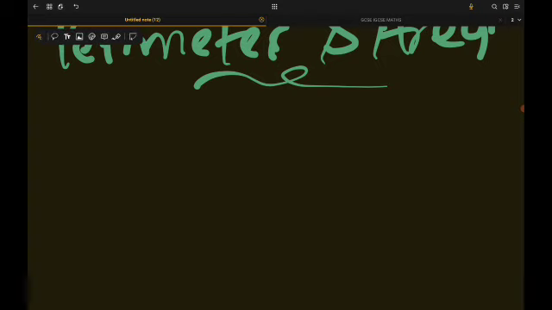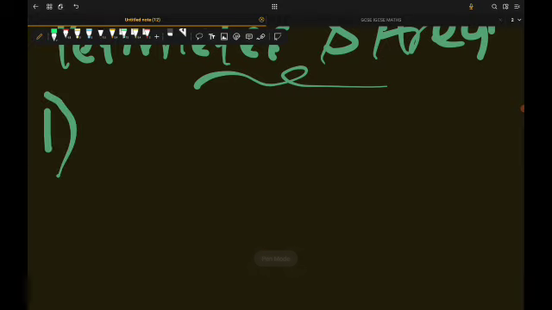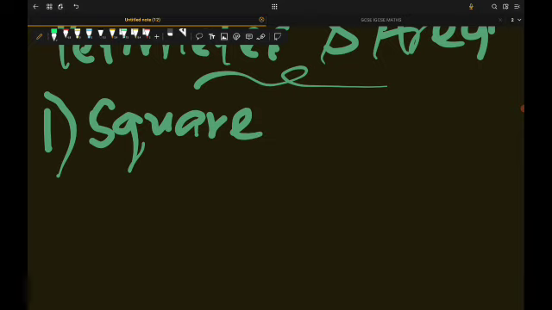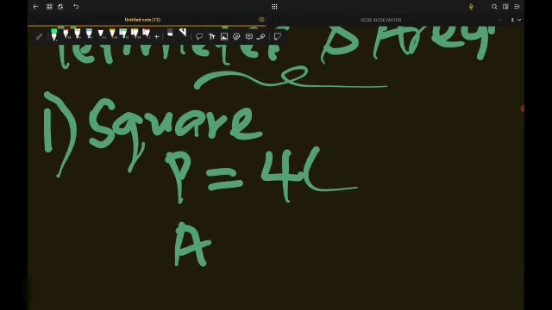One, square. And we said the perimeter is 4L. Perimeter of a square is 4L. And we say area is L raised to the power of 2.